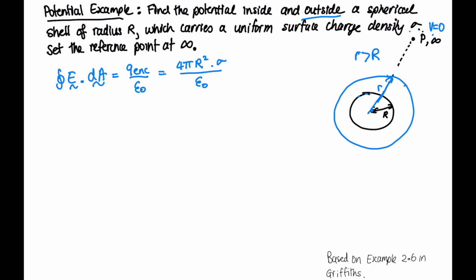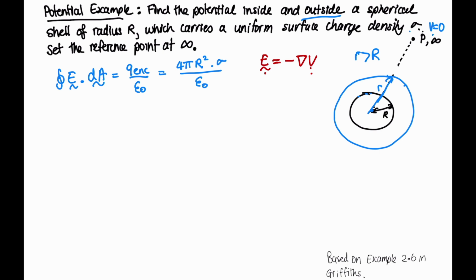But in order to get the potential, because we've got our equation that the electric field is equal to minus the gradient of the voltage or the potential, we're going to want to find our electric field in order to get our potential. So we're doing this to get our electric field.